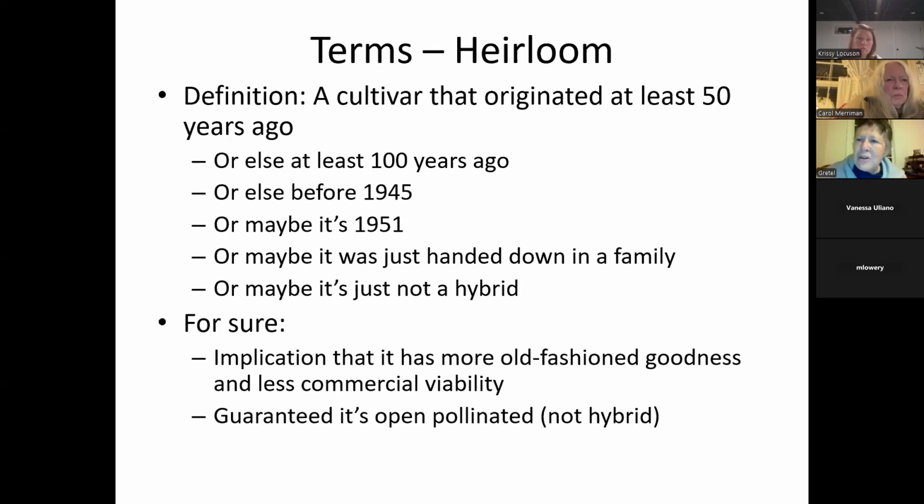The other magic word in there is heirloom. All heirlooms are open pollinated. They've been around for a good long time. And that's pretty much all we know about them, other than there's got to be something good about them or we wouldn't still be growing them. But there isn't a specific definition of, because it's been around this long, it's called an heirloom and that one isn't.